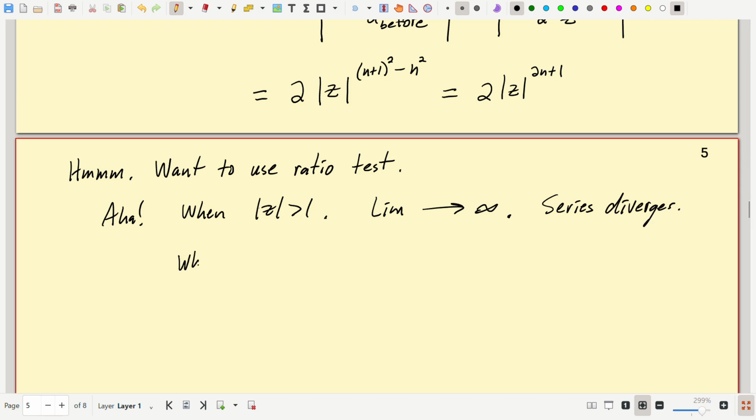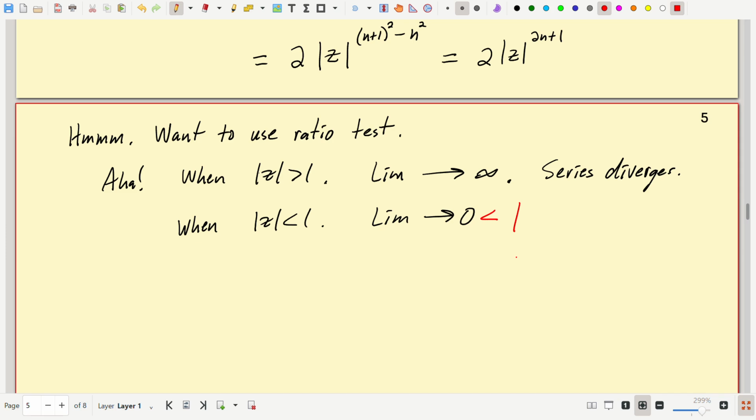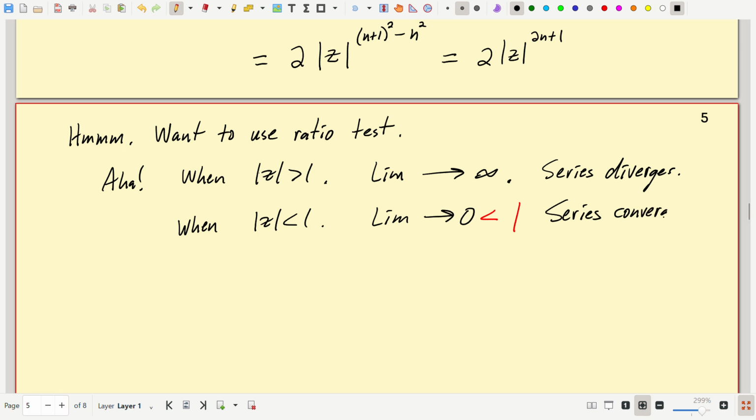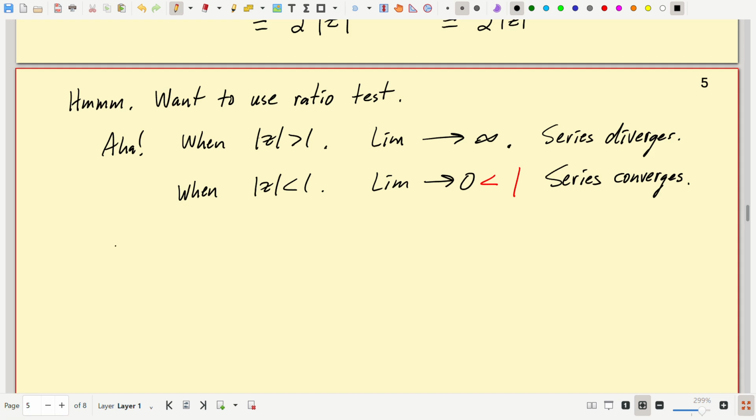And when the modulus of z is less than 1, then that limit goes to 0, which is strictly less than 1. And so the ratio test would tell me that that series converges. And so we conclude that the radius of convergence is equal to 1.